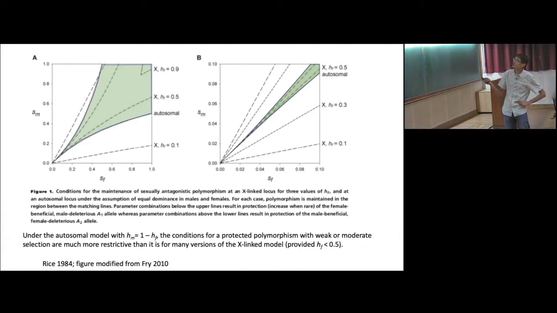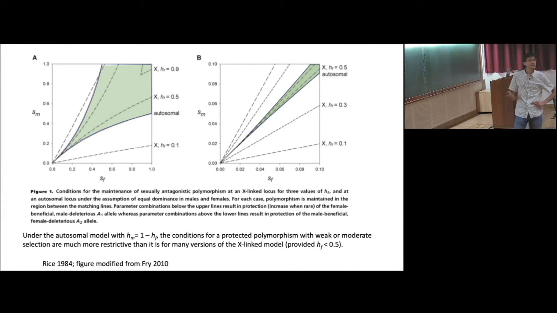And so here you can really see that in this autosomal case, a very small fraction of this space is amenable to maintaining a polymorphism. But provided that the allele that's deleterious in females is recessive in females, an HF of less than a half, there's a much larger space where you can maintain variation.